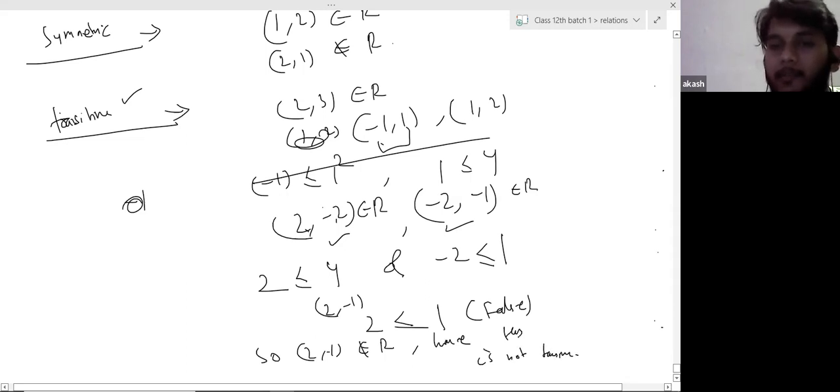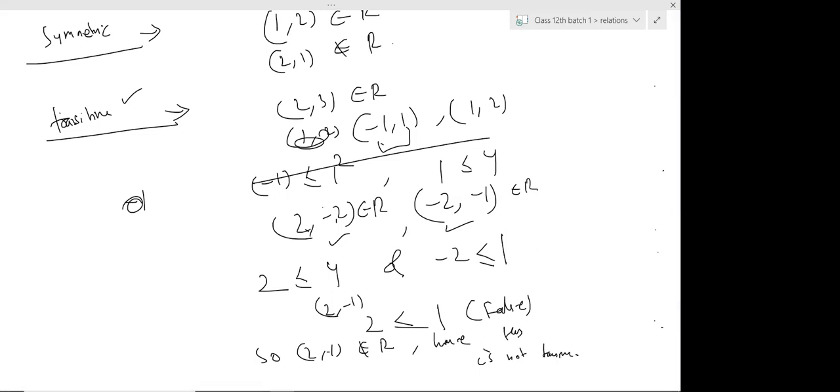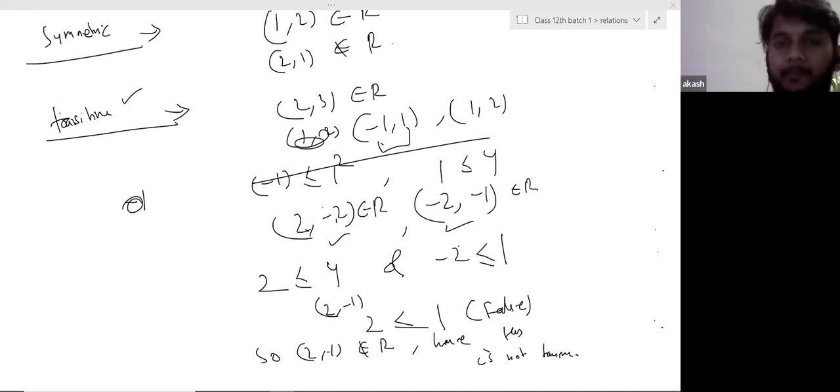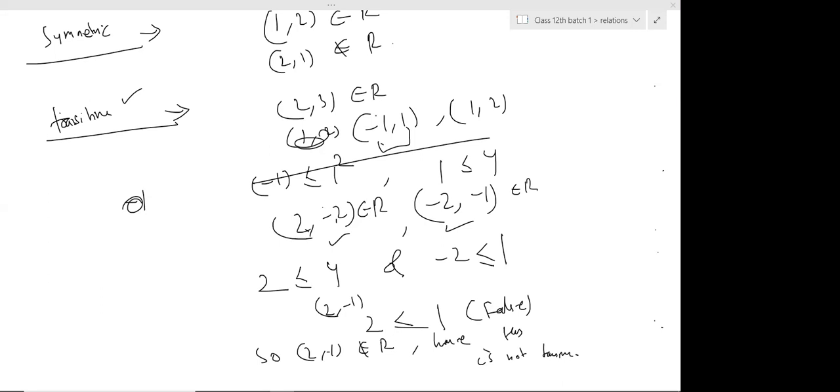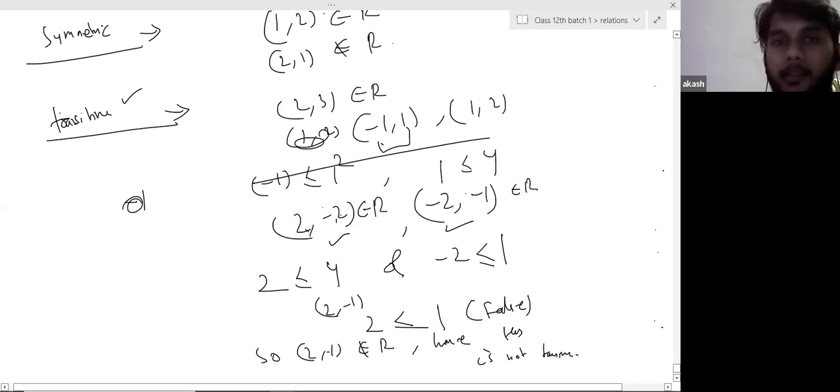This is clear, Krishna? Yes, sir. Shikani? Yes, sir. All right. Ronaldo, this is clear? Yes. All right. So this is the example to take: 2 comma minus 2, minus 2 comma minus 1.